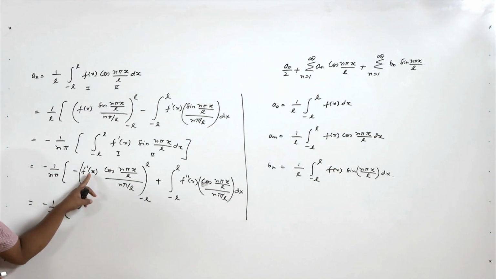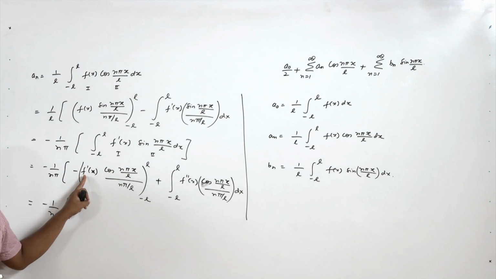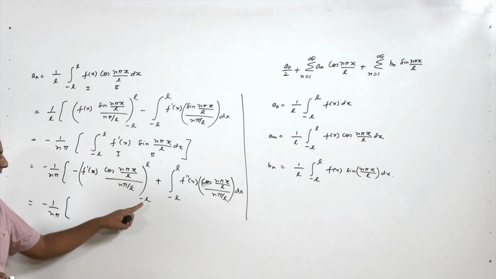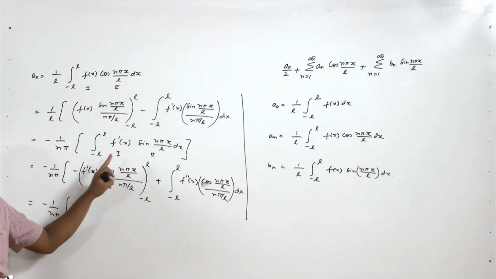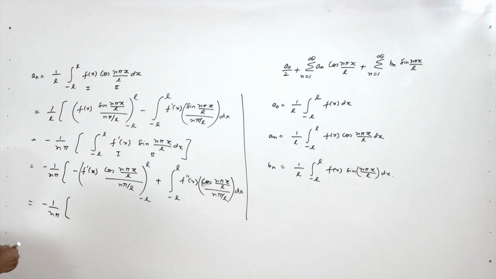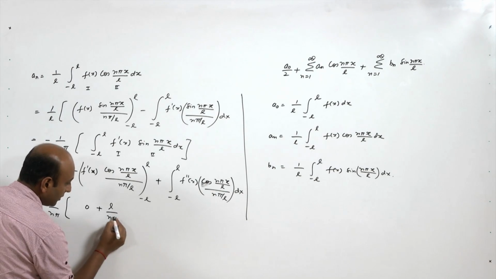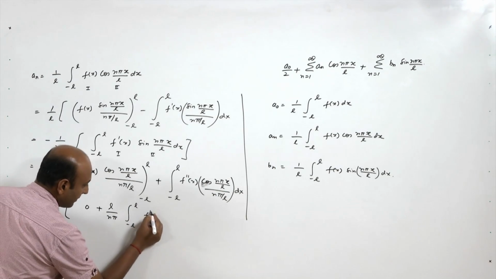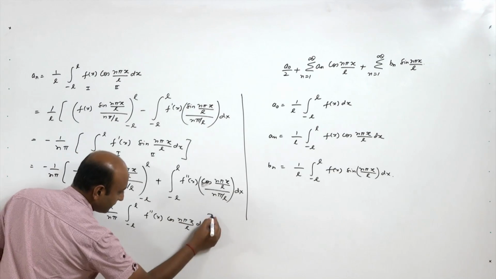Now, since f dash is continuous and f is periodic, f dash L is the same as f dash minus L. At x equal to L and x equal to minus L, the value of cos is the same, which is minus 1 to the power n. So the first term will be 0. Then it is plus L upon n pi integral minus L to plus L f double dash x cos n pi x by L dx.